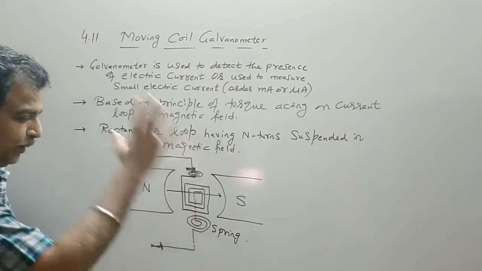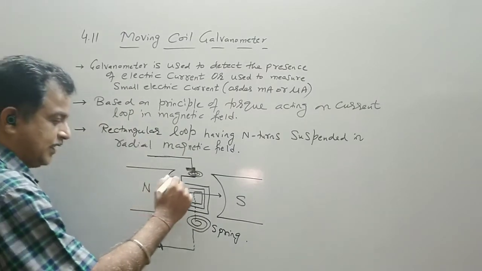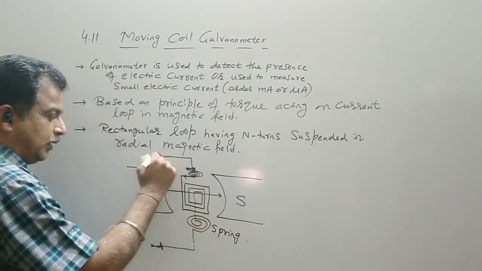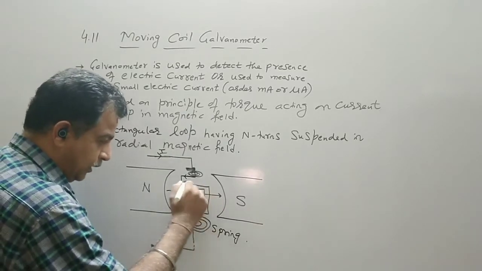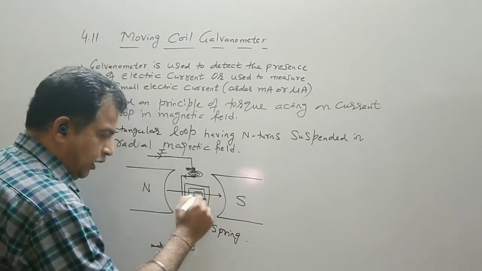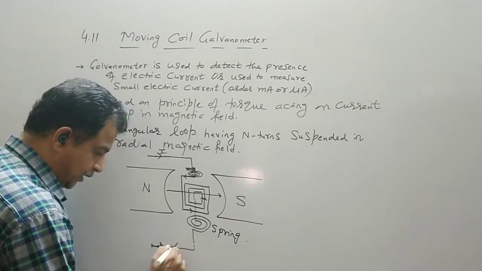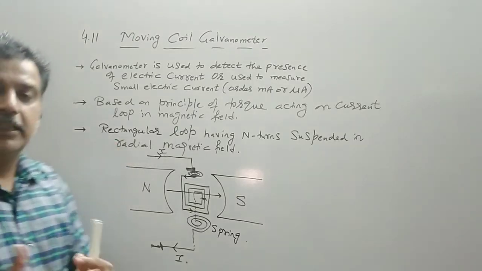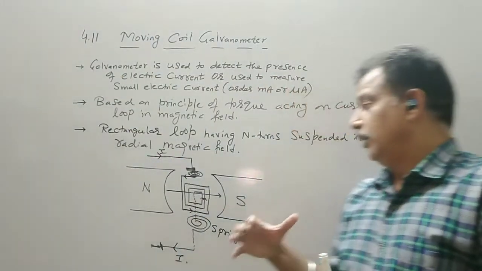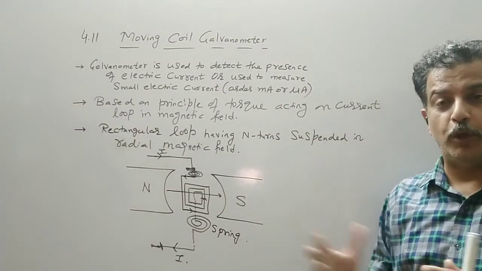Now when this loop is suspended and the current is sent through these two ends, suppose current I enters, this current I starts flowing in this rectangular loop, and then this current I comes out. As soon as the current flows, we know the torque acts on it. The more the current flowing through the coil, the more will be the deflection of the pointer.